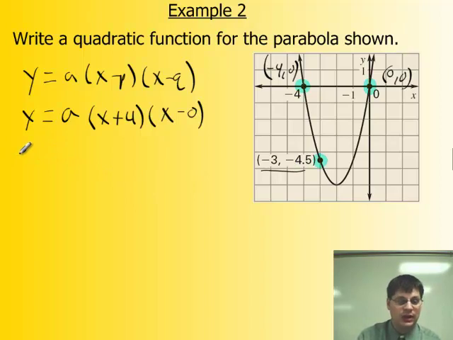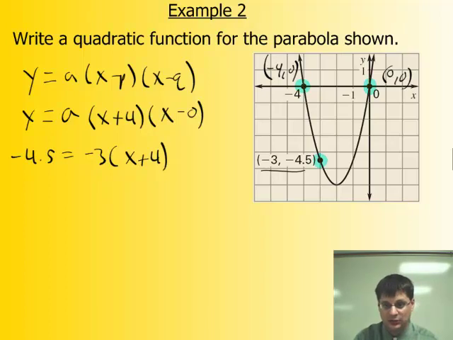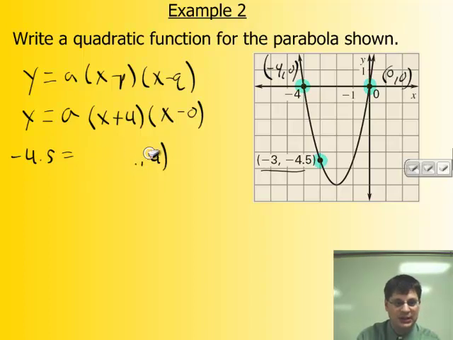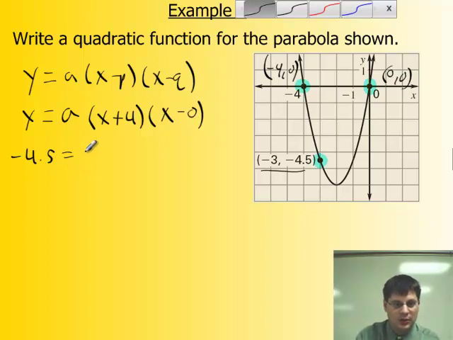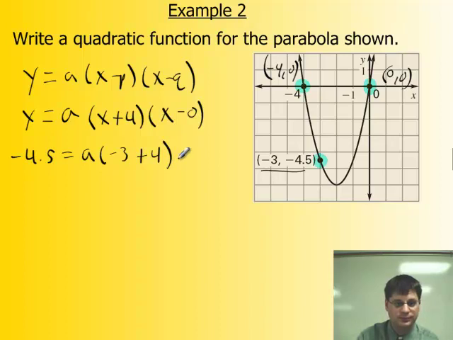So we'll use the -3, -4.5. So -4.5 is equal to a times -3 plus 4, and then -3 minus 0. And we solve for a.